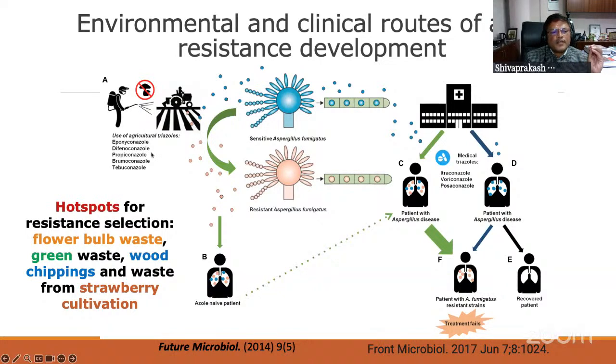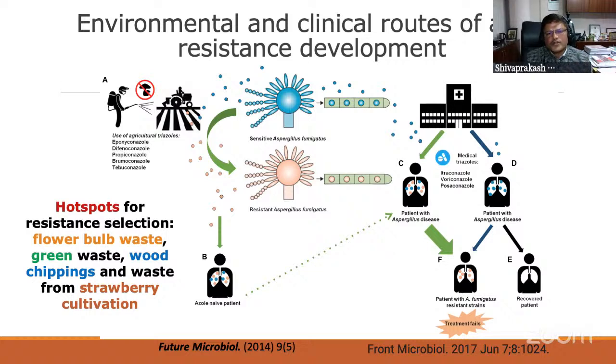As I said, one important mode is the use of demethylase inhibitors. The major cause of azole resistance in Aspergillus fumigatus is mainly the use of these demethylase inhibitors. These azoles are not fluconazole, itraconazole, voriconazole or posaconazole. They are used only in agriculture, and tons of them have been used there.